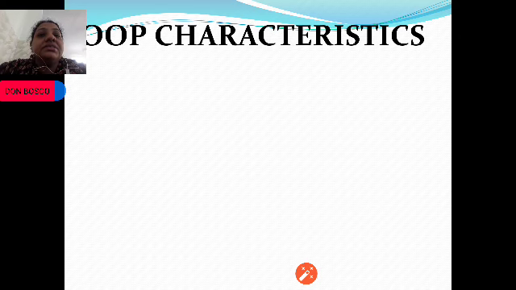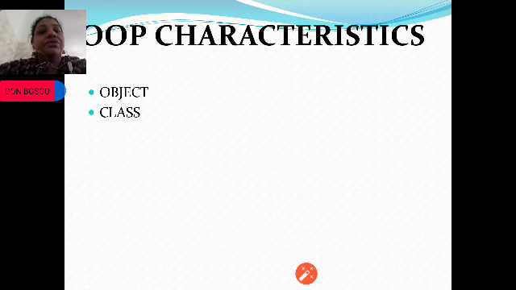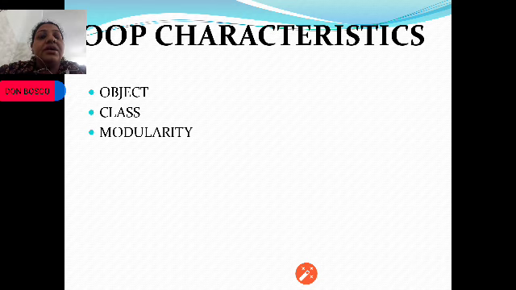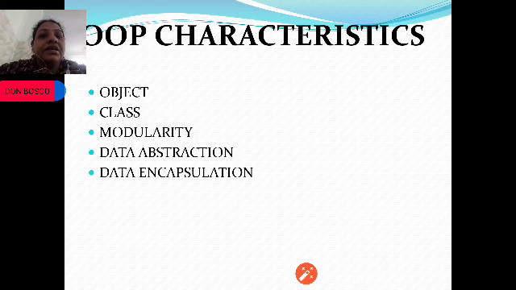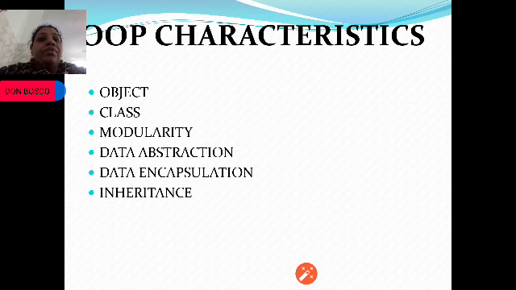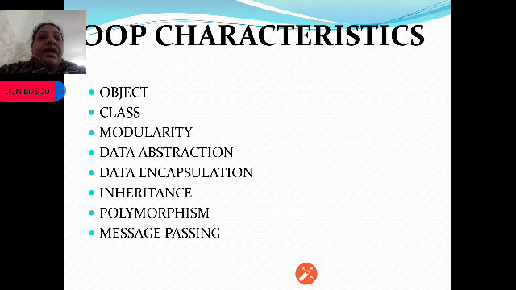Let us start discussing OOP characteristics. The basic concepts of OOP include object, class, modularity, data abstraction, data encapsulation, inheritance, polymorphism, message passing, and dynamic binding.